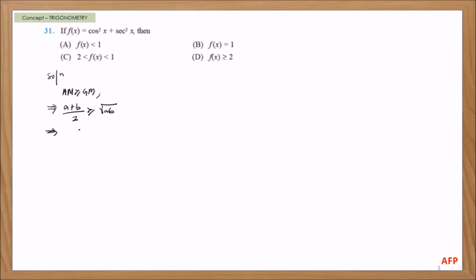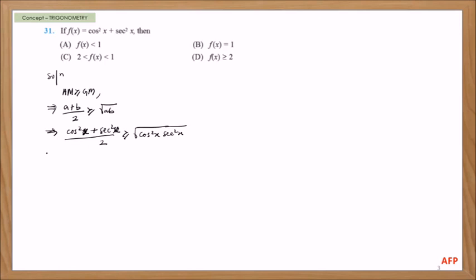Here A we will take as cos square x, and secant square x as B.